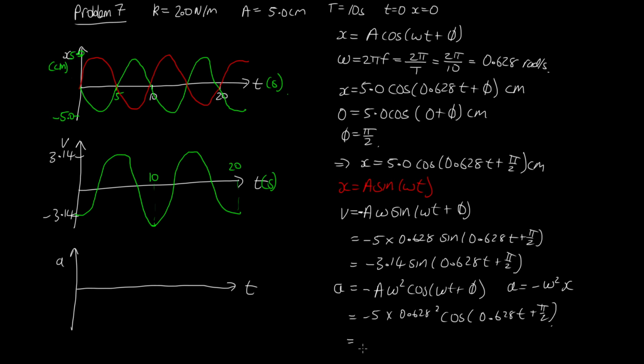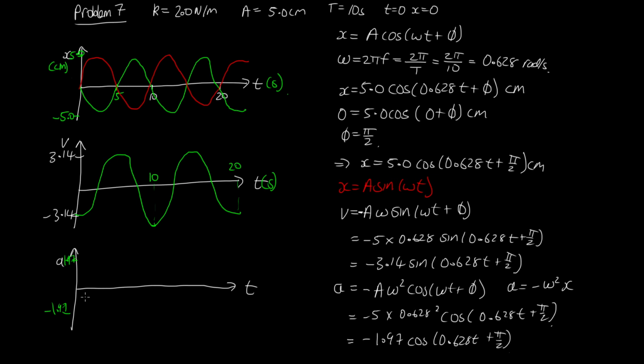And so this will equal -1.97 cos of 0.628 t plus pi on 2. So the amplitude of the acceleration is going to go between -1.97 and 1.97.